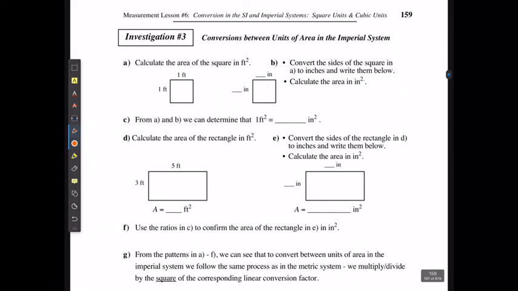If I'm doing this between the imperial units, it works the same way. It's just not on a base 10 system. So 1 foot by 1 foot would give me an area of 1 foot squared. That'd be the same as 12 inches by 12 inches, or 144 inches squared.